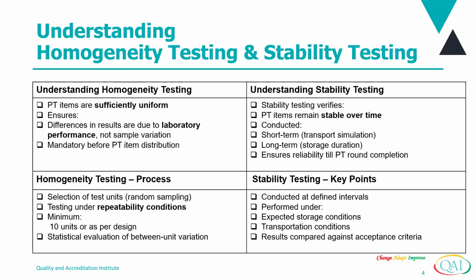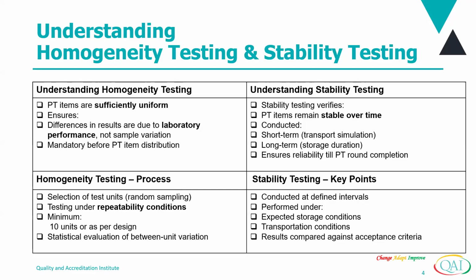The first condition is that you have to verify whether your assigned value is satisfactory. For that, you need to compare your assigned value against the independent reference value. If this comparison is not acceptable, the PT scheme becomes invalid and the report cannot be released.